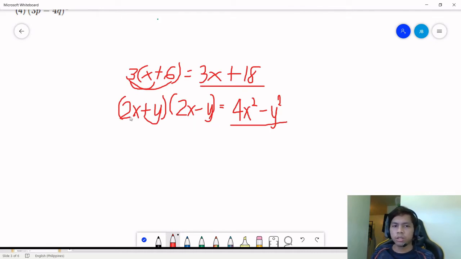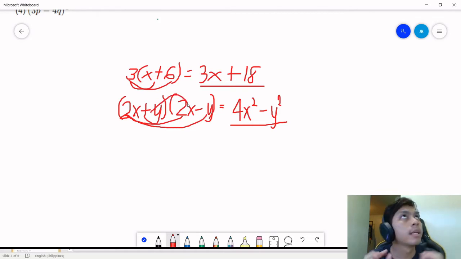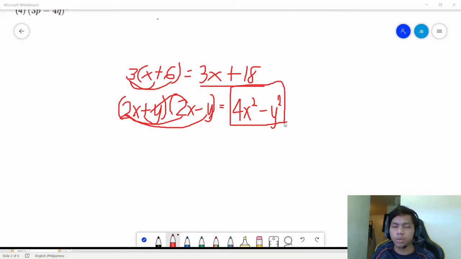If you use the FOIL method, that's 2x times 2x, that's 4x squared, minus 2xy plus 2xy. The minus 2xy and plus 2xy cancel out, so what remains is 4x squared minus y squared.